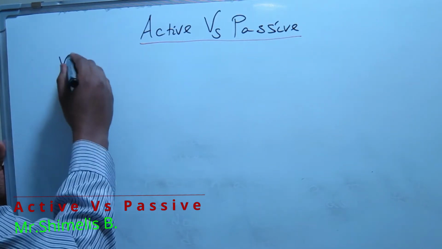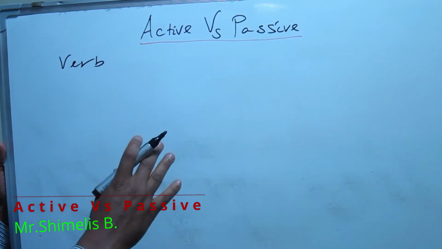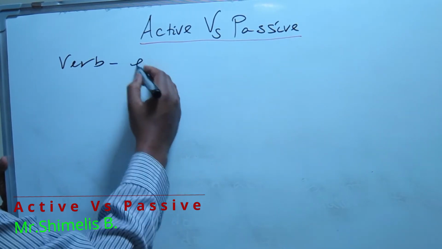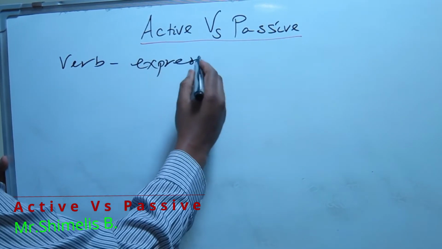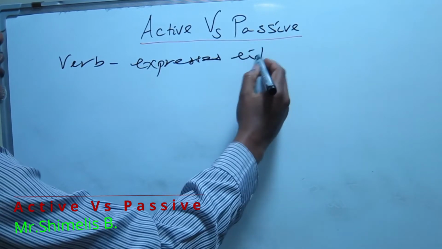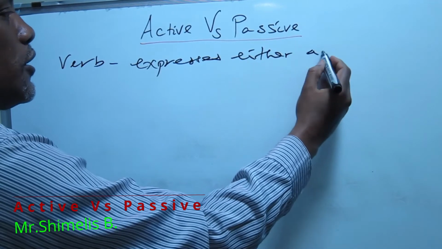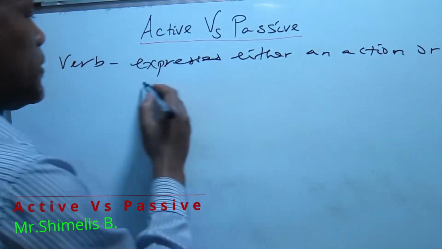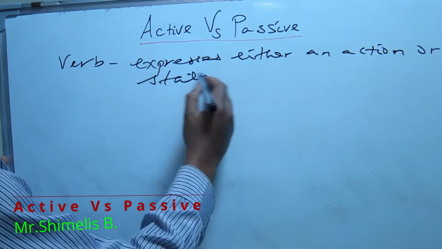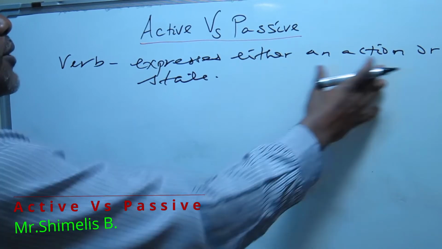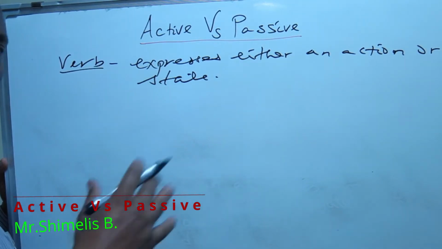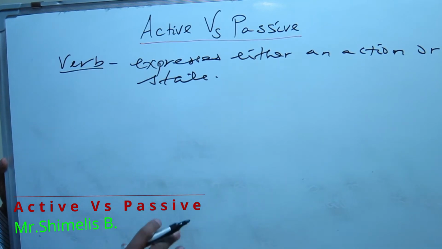So let's talk about verbs a little bit. A verb, as you know, expresses either an action or a state. So we have action verbs and state verbs. Again, we have regular verbs and irregular verbs.